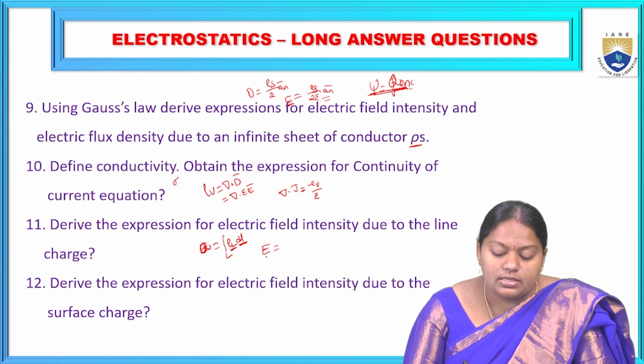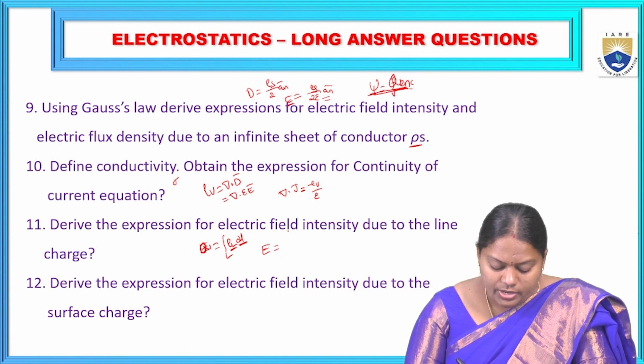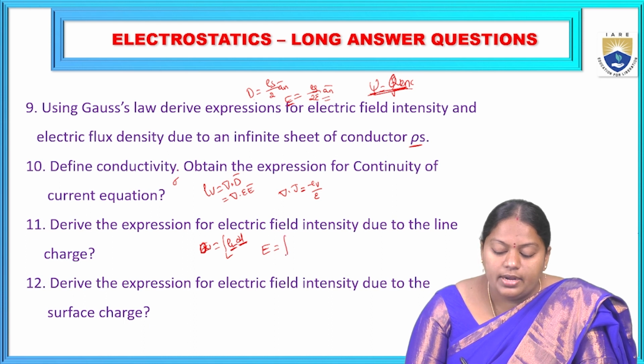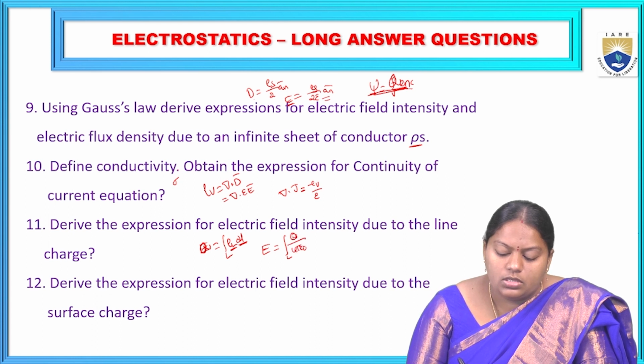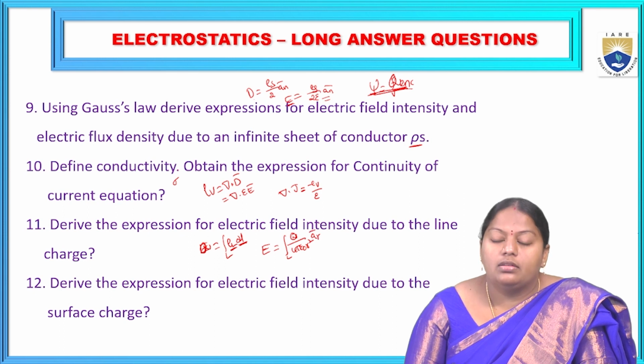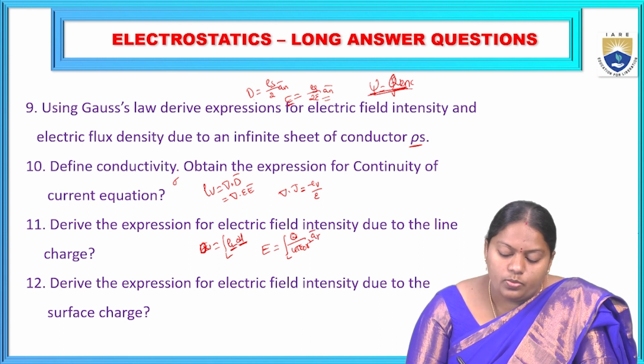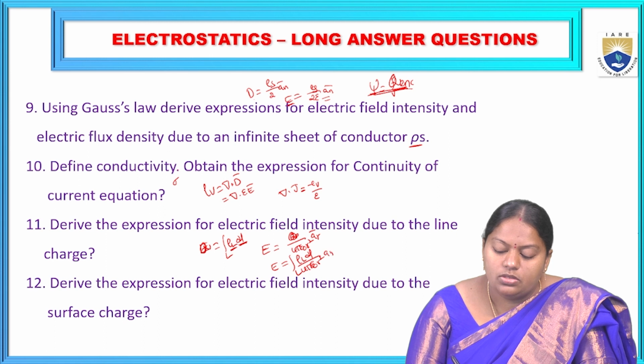The electric field intensity E in terms of a point charge is given by Q by 4 pi epsilon naught R square into AR. If we substitute Q by the above equation, it can be written as E equal to the integral of rho L dl by 4 pi epsilon naught R square into AR.